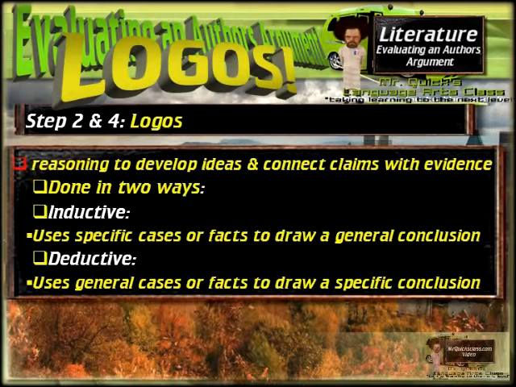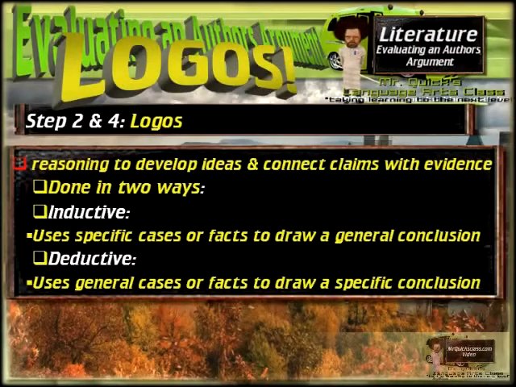Now, an author can do this in two ways. One, it can be inductive. And inductive is basically going from specific to general, meaning using specific facts and cases to support a general conclusion, okay, or claim.